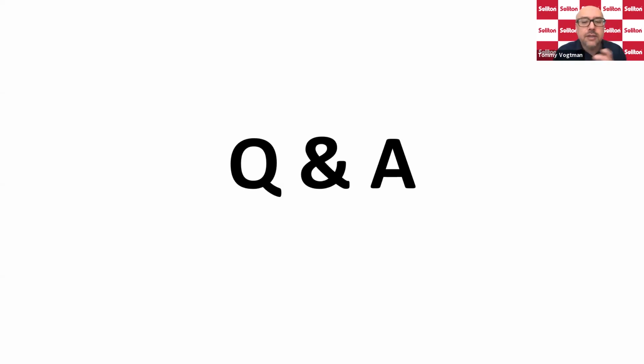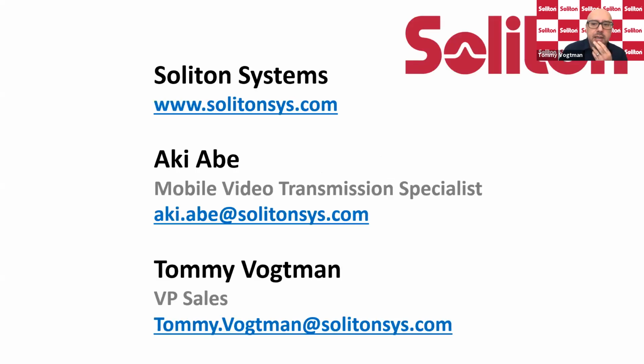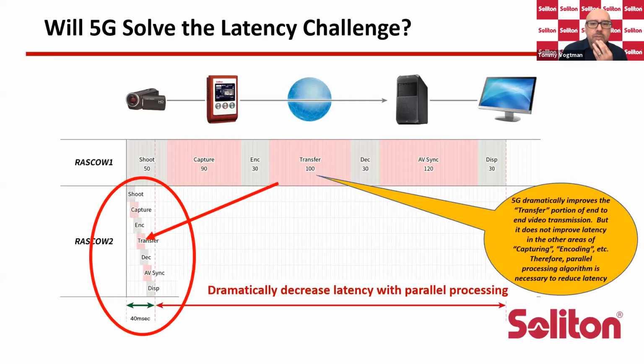The question is, isn't 5G good enough for these new teleoperation use cases? It's a good question, and actually, we get this question a lot. Our answer is no. 5G itself is not going to solve the latency problem. We have a slide on this, so let's see if we can pull it up. Yes, this one. Earlier Aki was talking about how we decrease latency with parallel processing, but 5G only improves latency in the transfer portion.